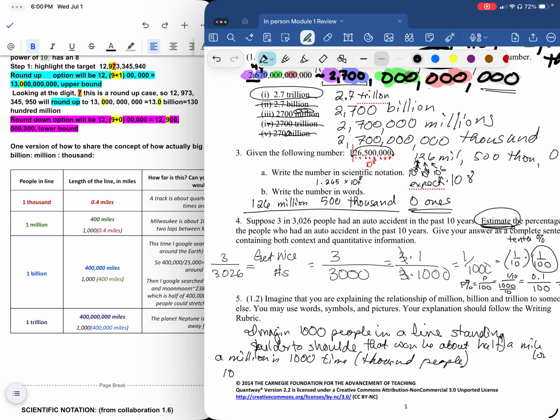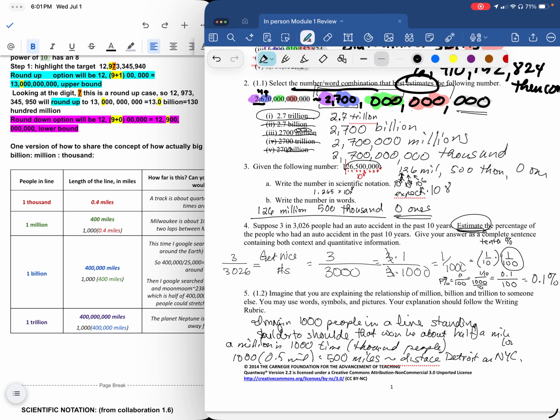So that'd be 1,000 times 0.5 of a mile, so 500 miles, which is about the distance between Detroit and New York City. Roughly, I don't know for sure.